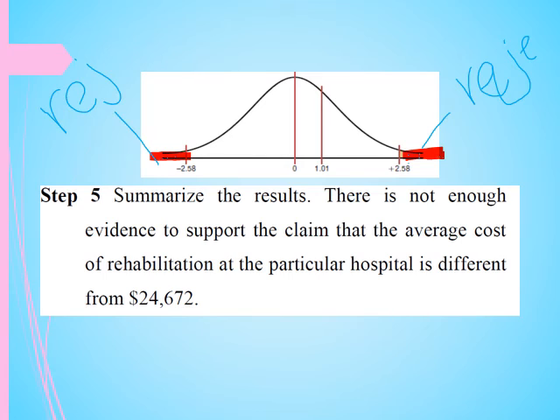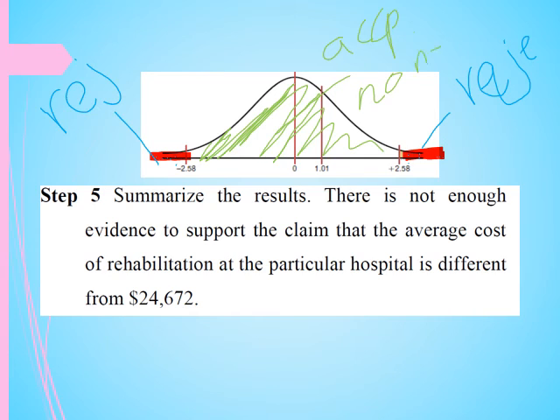We will reject the null hypothesis if the test value falls in these spaces. But if it's here in the acceptance space, which is known as the accepted region or the non-critical region, we will accept the null hypothesis, or not reject it.